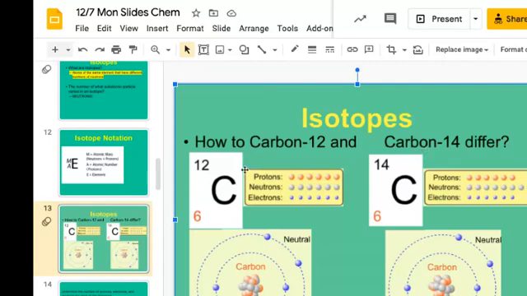That's how we know which one we're talking about. And for number 3, carbon 14 has 2 more neutrons.